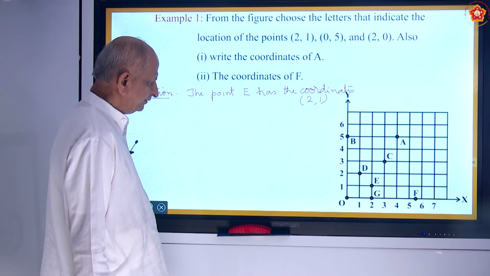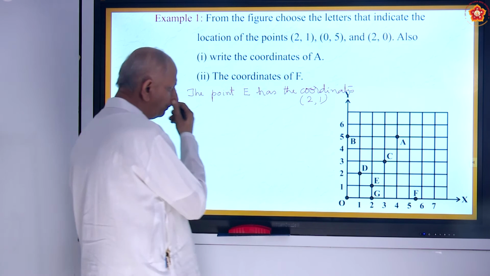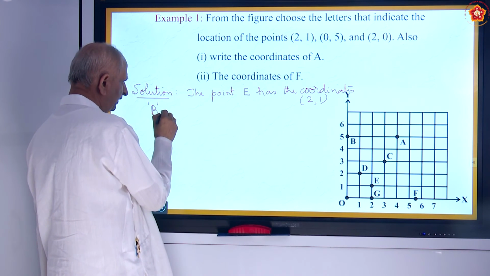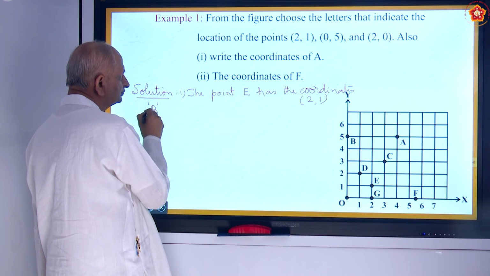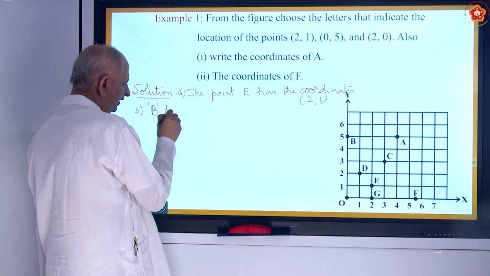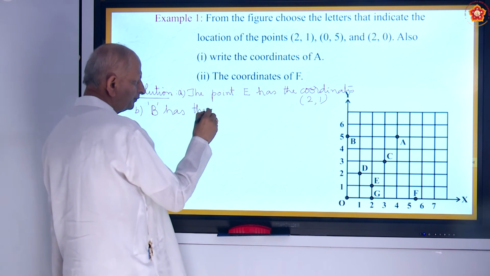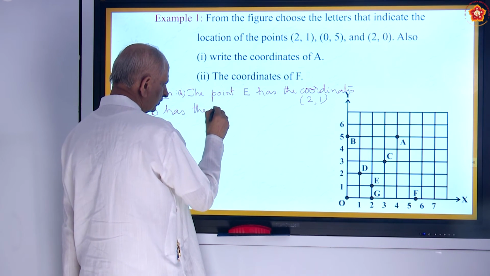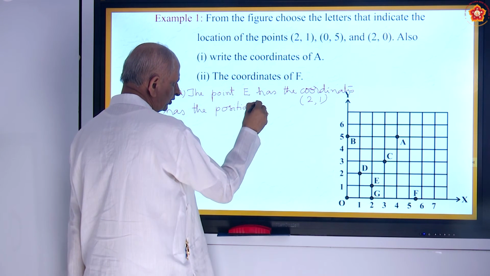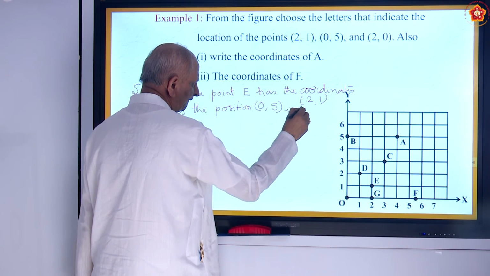And what about 0, 5? 0 is here, 5 is here. Point called B. B has position 0, 5 in the graph.